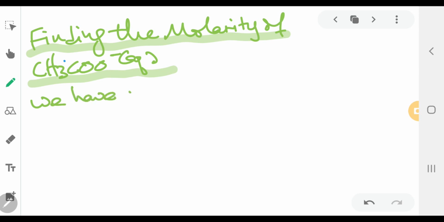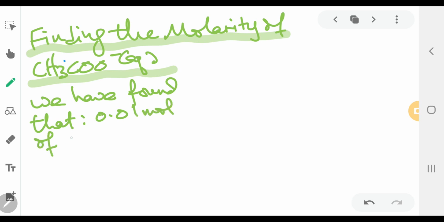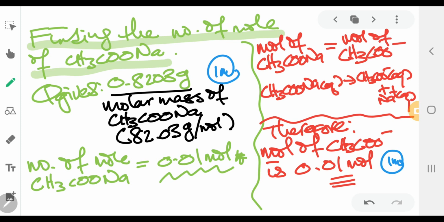We have found that 0.01 mole of CH3COO- provided just now from the step over here.